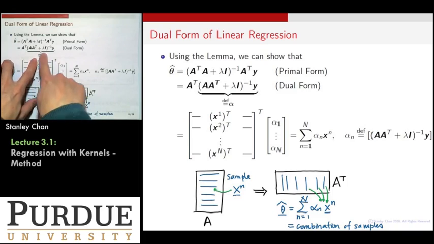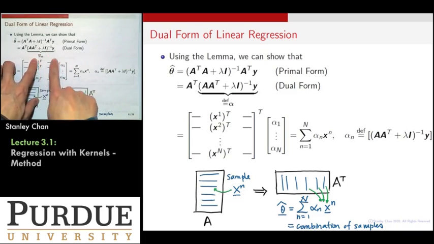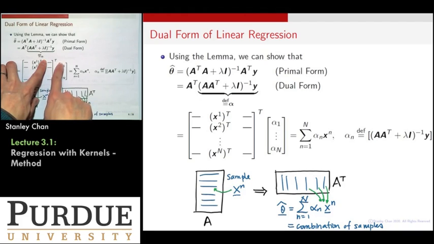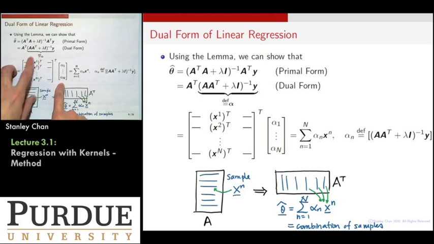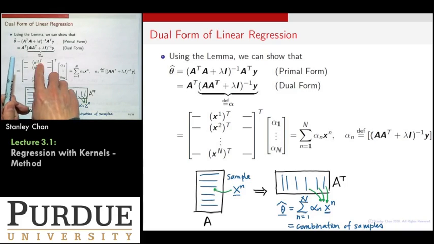Then let's look at this alpha vector. It is just a vector of all the elements from alpha 1 through alpha n. And then, you are going to form a linear combination of those. Why? So now you have a transpose here, right? If these are the rows of the A matrix, and you take an A transpose, it will become columns.